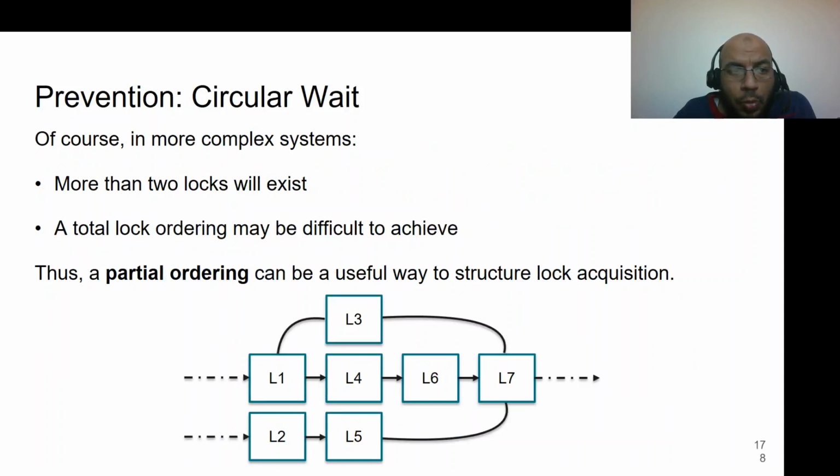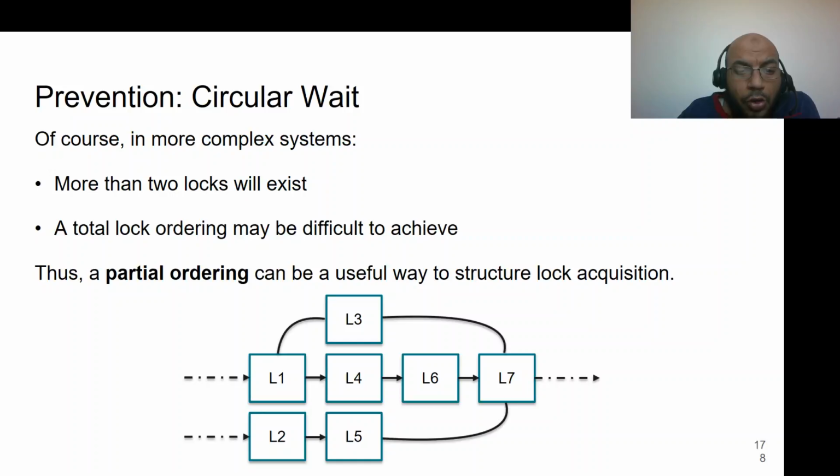Okay, it gets more complicated because it's typically the case that you do not just have two locks, and that different operations require a different set of locks. So sometimes you just get away with partial ordering, basically saying that to acquire L3 I have to acquire L1 first.